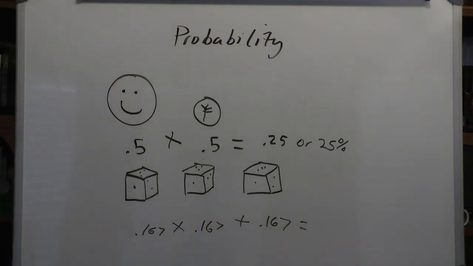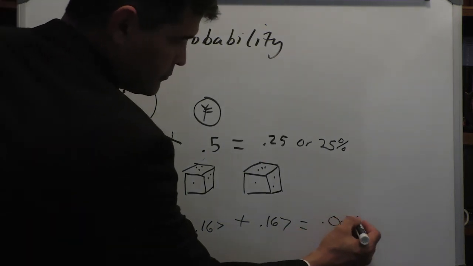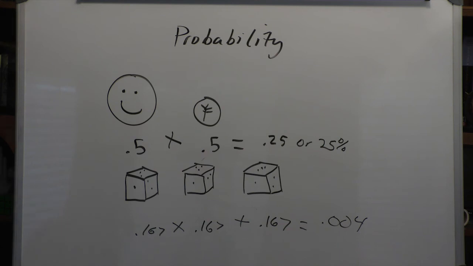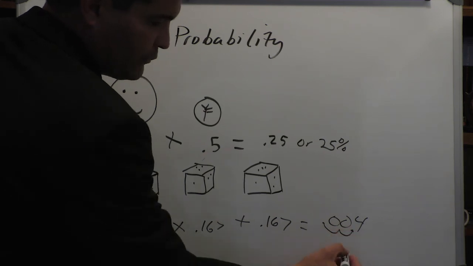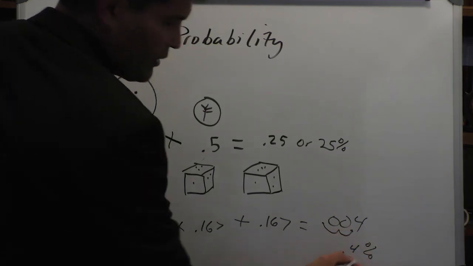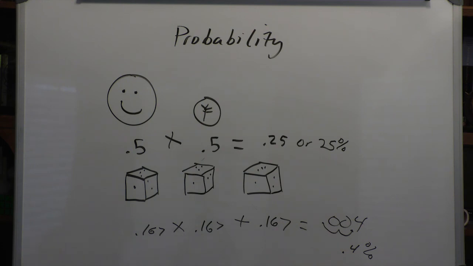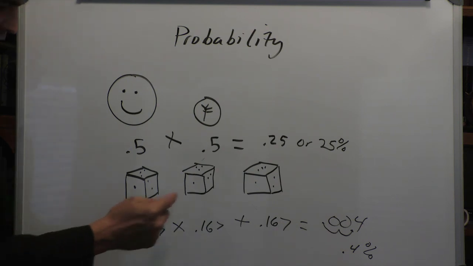So by my handy dandy little calculator, 0.167 times 0.167 times 0.167 gives you 0.004. If you move the decimal point over, it gives you 0.4%, which is less than 1% odds of you taking 3 dice and rolling them and each one landing on a 1.